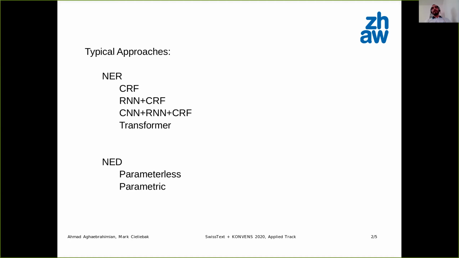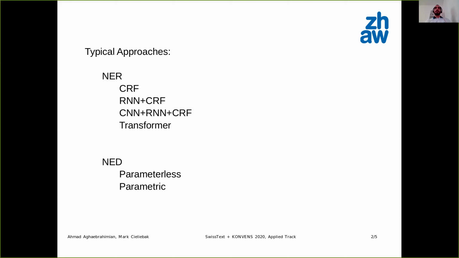In the part of disambiguation, there are generally two categories of models called parameterless and parametric. Let's not confuse these two approaches with parametric and non-parametric in statistics. Parameterless essentially means that we just have a function which computes the similarity between surface forms and formal forms or formal names.